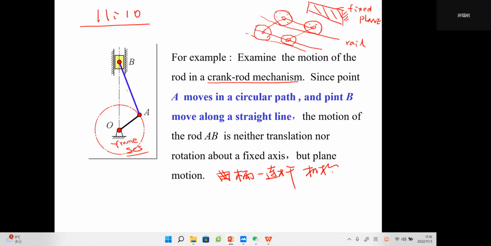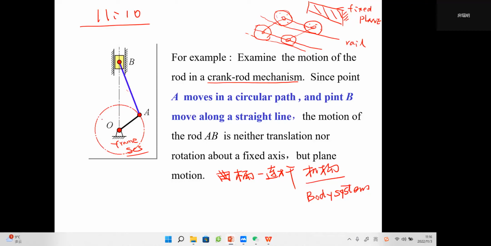Actually, a mechanism is a body system, because we have a lot of rigid bodies and a lot of constraints connecting one body to another, and then they constitute a very useful mechanism.